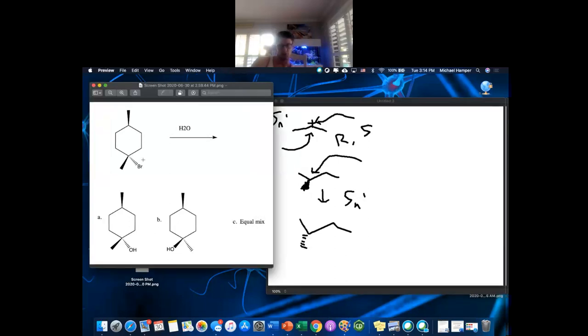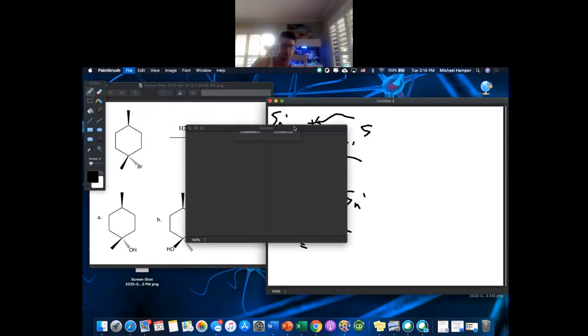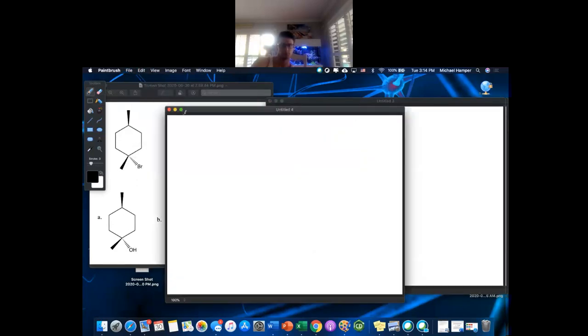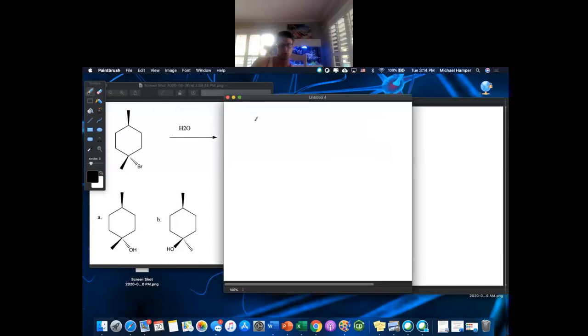So with this one, let's break it down. We have this Br here as our leaving group. What classification is this? Is it primary, secondary, or tertiary? Tertiary. And so we have a tertiary substrate. Therefore, we don't even have to look at the nucleophile.